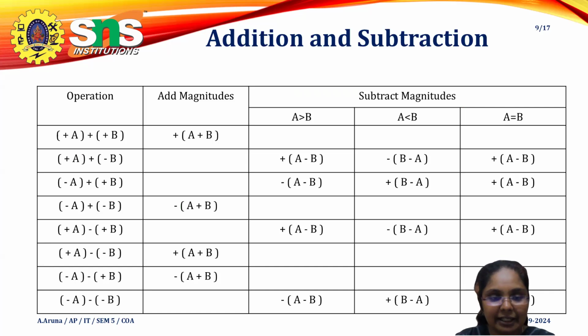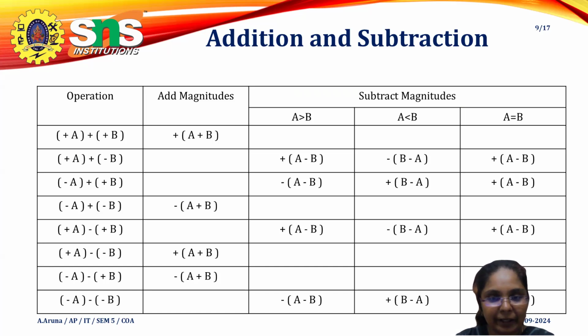Below, these last four rows are only the subtraction algorithm. I said that if both signs are the same, I have to go for a subtraction. See here, A minus B. In this case, I'm going to compare the three conditions.